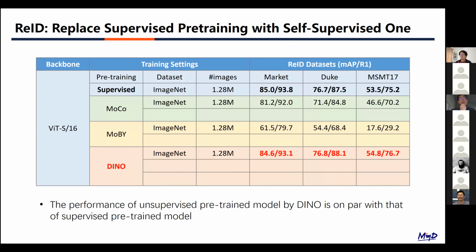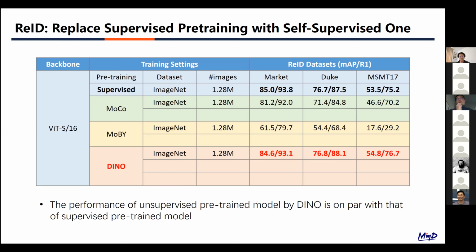Now if we replace the supervised pre-training with the unsupervised pre-training method, this is what we see. The very first row of the table is the supervised one, with the results on the three different ReID data sets. Comparing these three different self-supervised learning methods for representation learning, we can see that MoB seems to work worse compared to MoCo and Dino, and Dino among the three seems to yield the best performance for ReID.